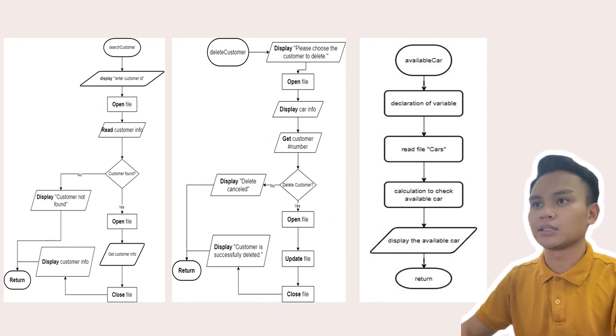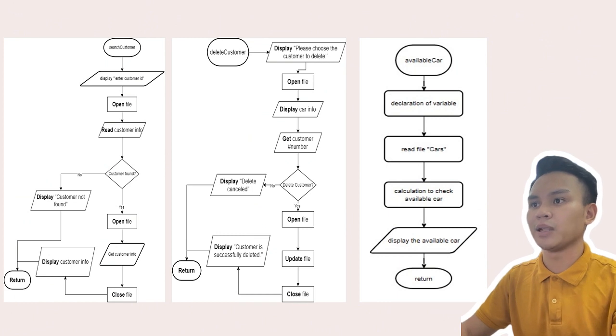The second one is delete customer. For delete customer, first it will display please choose the customer to delete, and then it will open the file and display all the car info, and get the customer number. If you want to delete the customer, then it will open the file and update the file and then close the file.